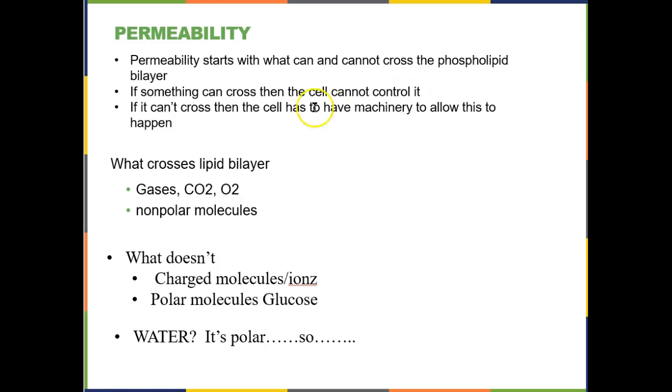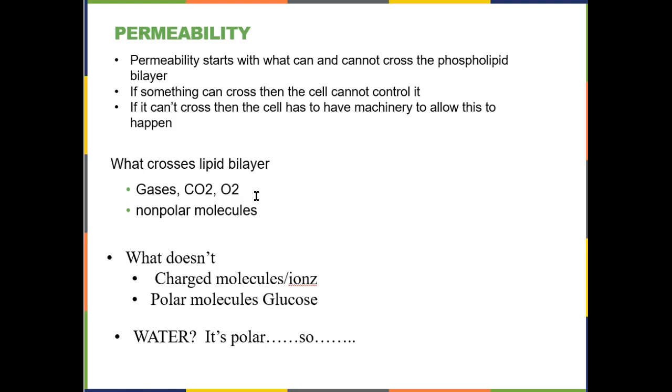If something can't cross the phospholipid bilayer, and it needs to, then the cell has to build machinery to transport those things into and out of the cell, and that also means the cell can control these things that go in and go out.